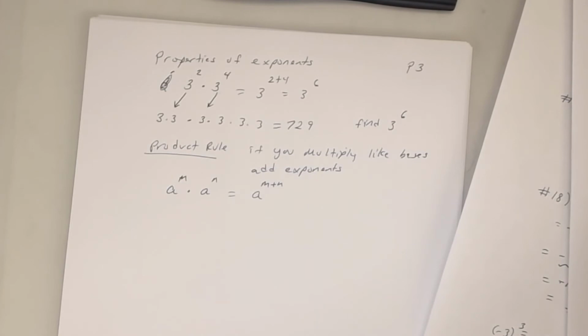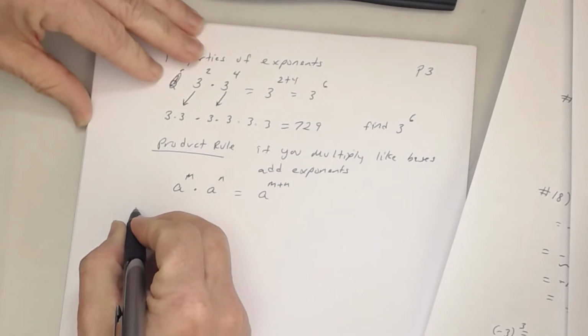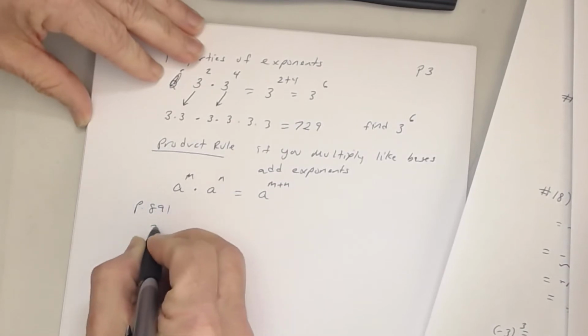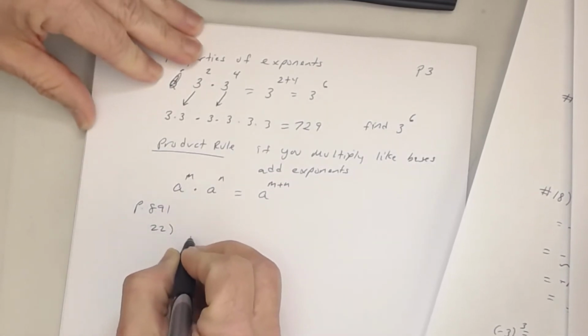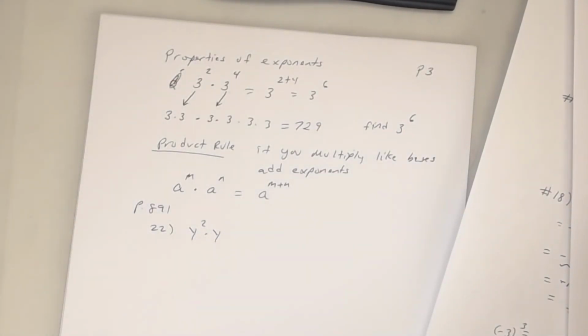So let's do this example. This is going to be number 22, on page 891, same section. You have something that looks like this. Y squared times y. Now, if there's no exponent, what is it understood to be? 1. So the instructions say simplify the expression.